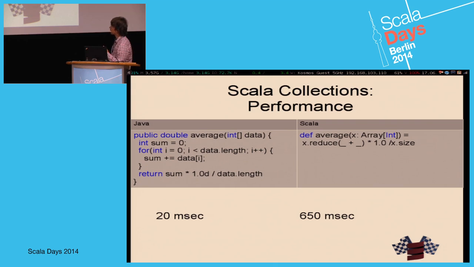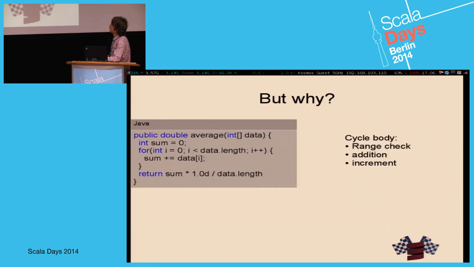So now let's have a quick look at why. If you look at what Java does in this particular example, you'll see a simple cycle. The cycle contains a range check, then you add the value to the accumulator, and then you increment the index that you're using to iterate over the array. If you have a closer look, you'll see that all those operations are indeed required.